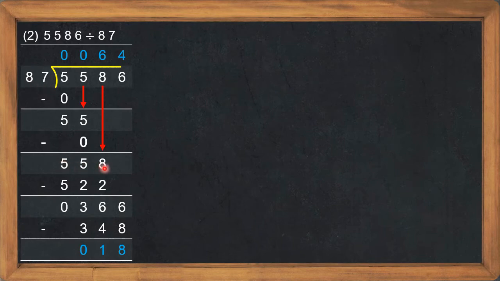Now as 87 is the divisor, we have to find out the number which is equal to or less than 558.